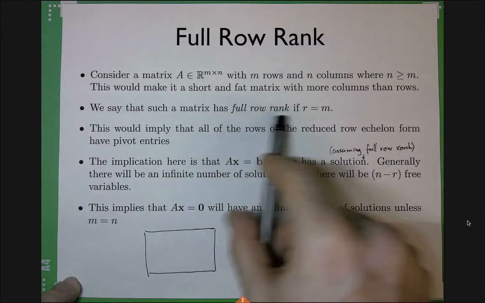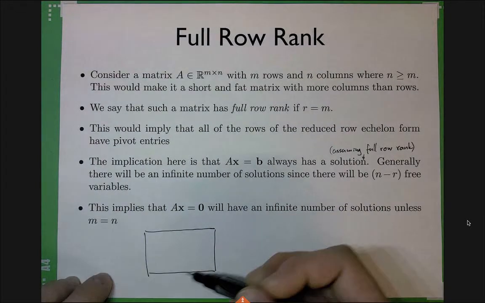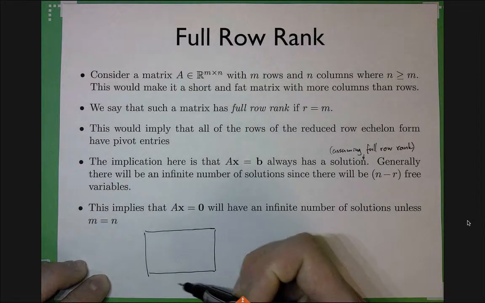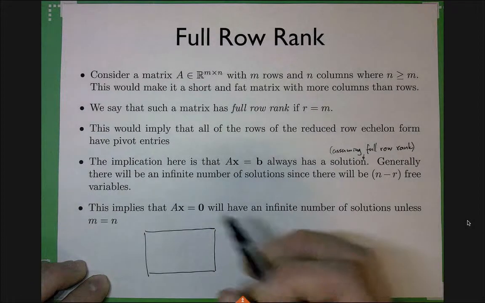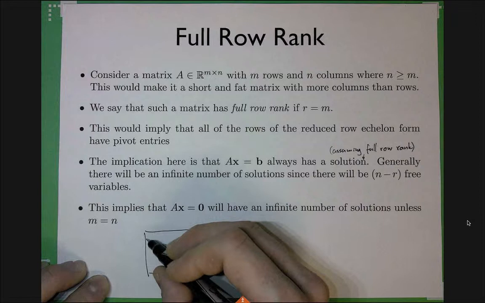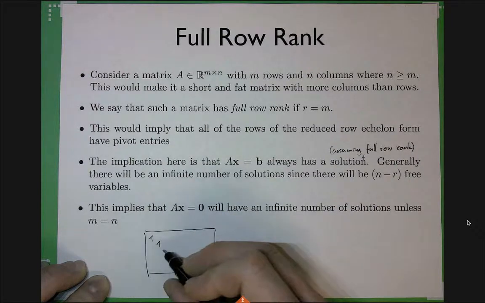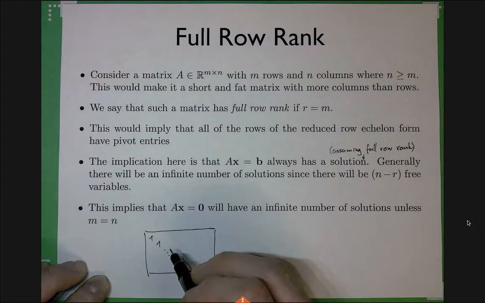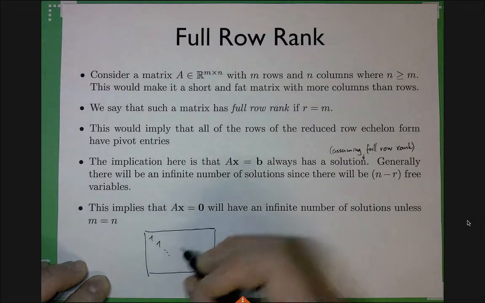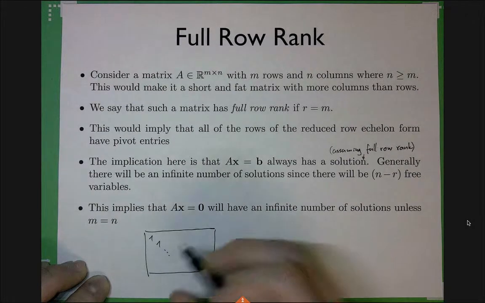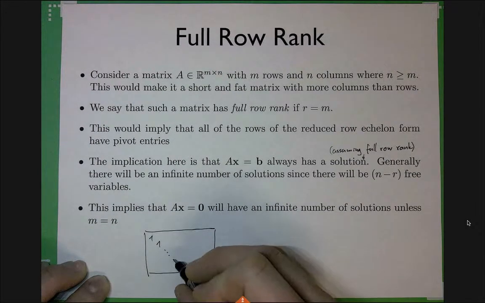Full row rank is when the rank is maximal, when the rank r is equal to the number of rows. And again, the idea is the same. That means all of the rows have pivot entries. There are no zero rows at the end. So it ends with a 1 here.